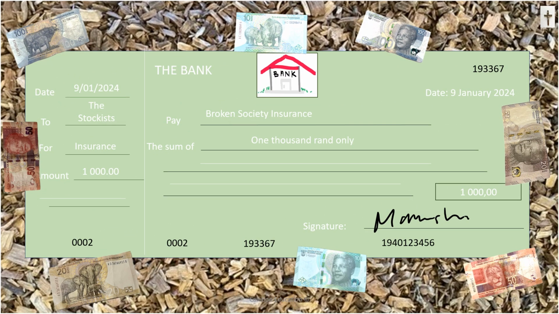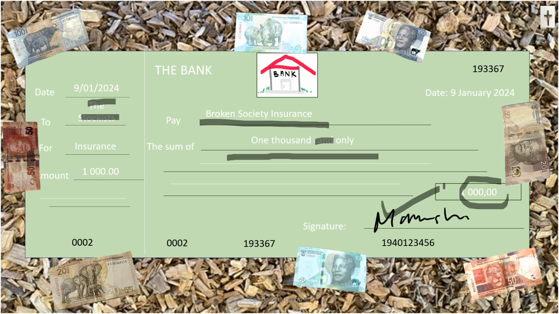This payment was made by cheque. So the cheque was written out to Broken Society Insurance, that's the name of the insurance company. The sum of 1,000 Rand. Okay, I'm working in euros. 1,000 euros, there's the amount. The bookkeeper has signed this. It's cheque number 2.